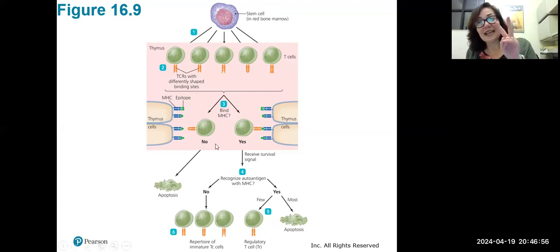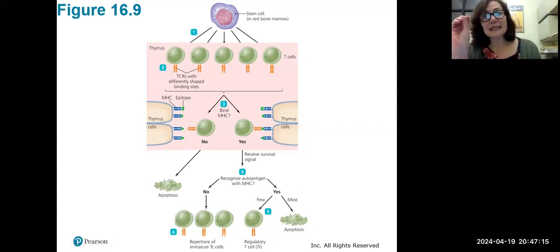Then there's a second test. It's like the cell is tested, and if the cell is too blind, like it can't even see the major histocompatibility protein, then it's not going to be helpful. And so it gets taken out.